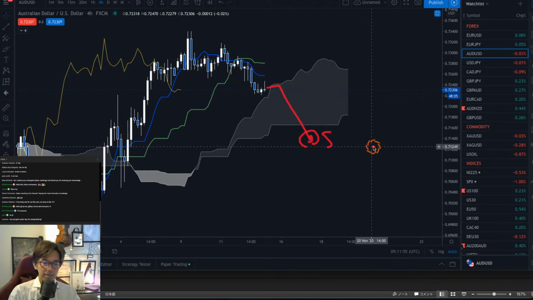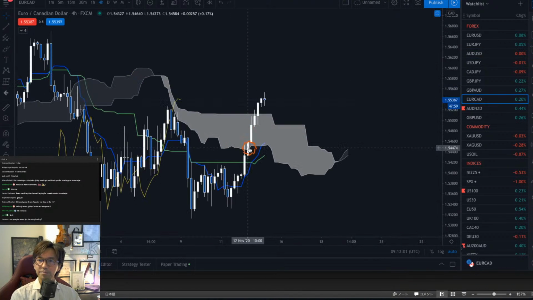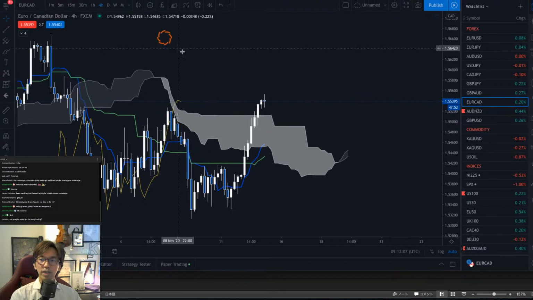Well, actually yesterday I saw EURCAD was spiking up, and that's why I captured the buy chance. So let me show you the chart. So here is EURCAD, and I bought it over here. I was not looking at the 4-hour chart or the daily chart.